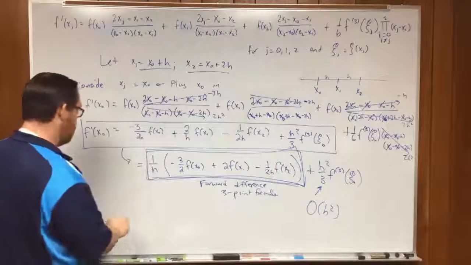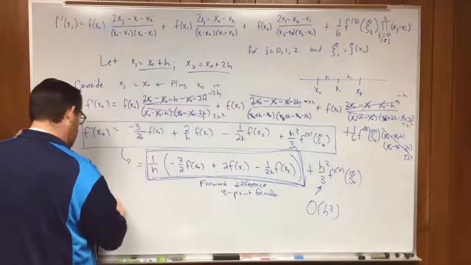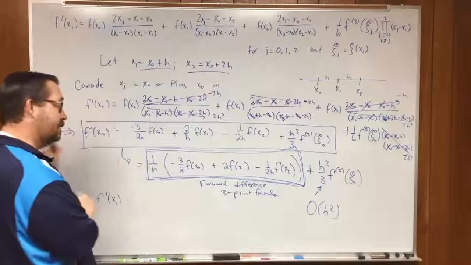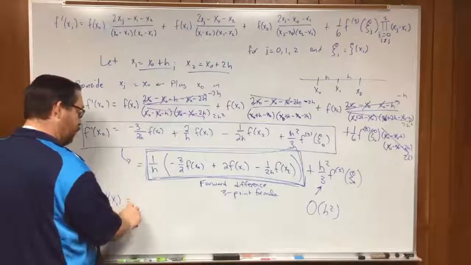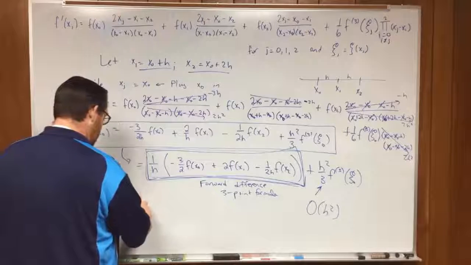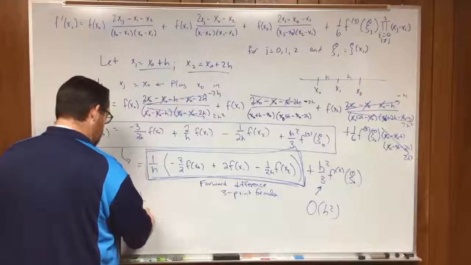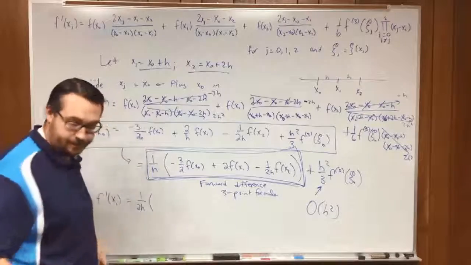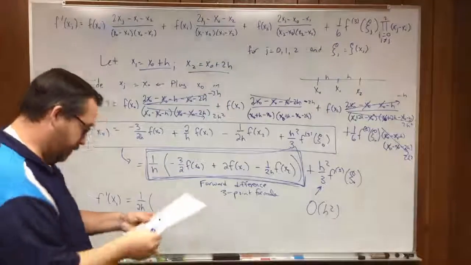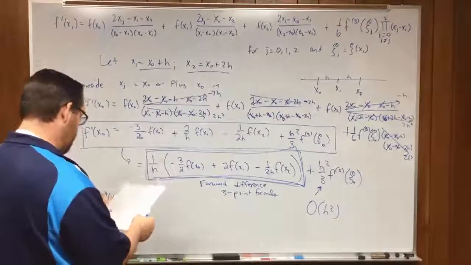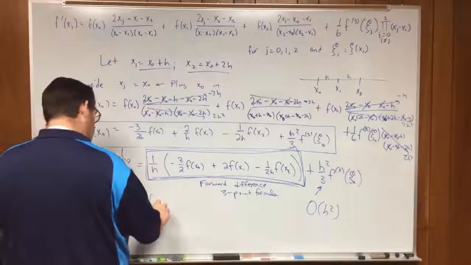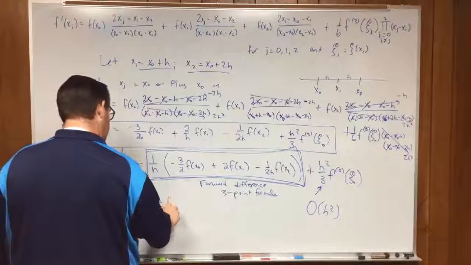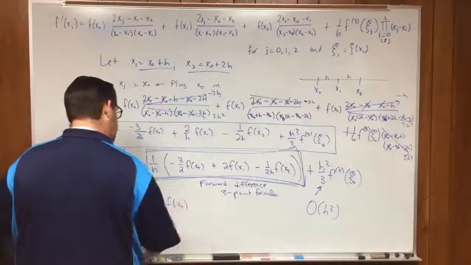Another one that you're going to use would be if you wanted to do it at the midpoint and you had a previous point and a point after it. If you go through this process, you end up getting 1 over 2h times. Actually, I'm just going to leave 1 over h, so it's 1 over h on all 3 of these. And it's negative 1/2 f at your previous point.